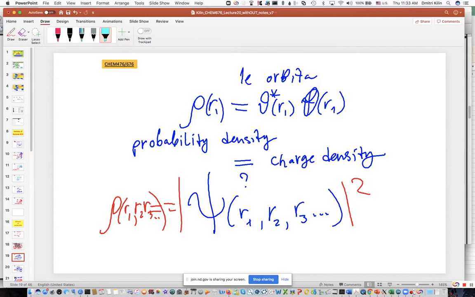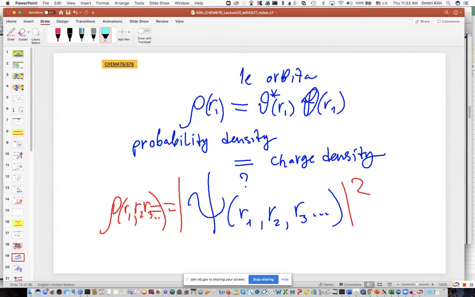In case we have a wave function that is composed of many electrons, we just need to take this wave function's absolute value squared, and it will be a density that depends on as many independent variables as the number of electrons in the system. This is correct. This is cool, but it is not what we need.